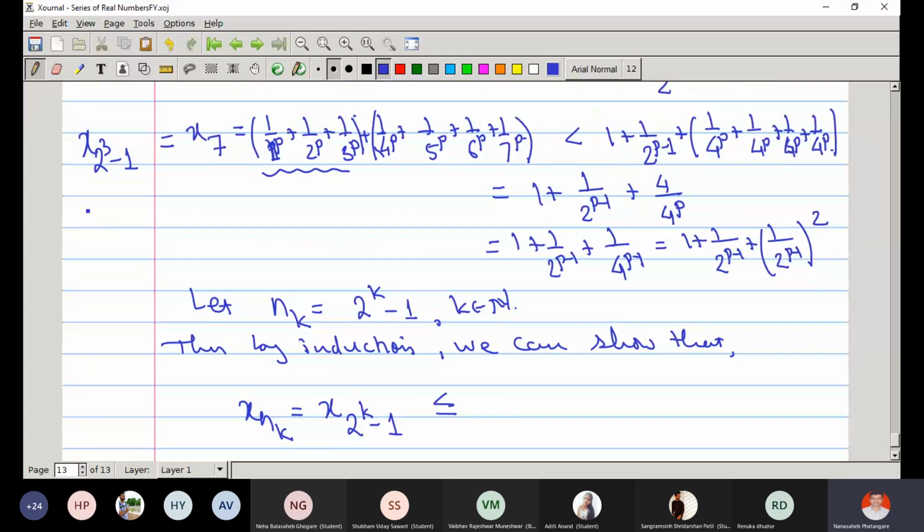Now compare with the previous step. 2 to the power 3 minus 1 is less than what? 1 plus 1 upon 2 to the power p minus 1, raised to 2. So we stop at 2 here.